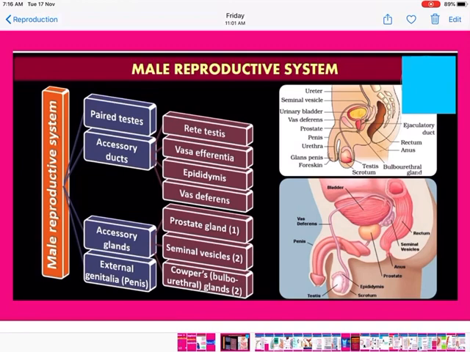These are rete testis, vasa efferentia, epididymis, vas deferens. And what are the different accessory glands present? These are 1 prostate gland, 2 seminal vesicles and 3 Cowper's glands. Number of prostate gland is only 1, number of seminal vesicles are 2 and number of Cowper's glands are also 2.